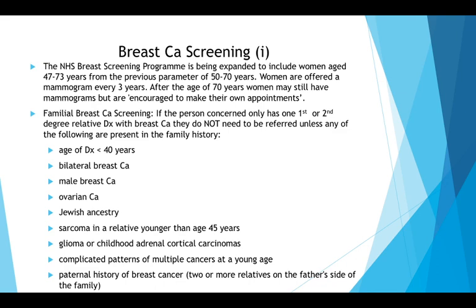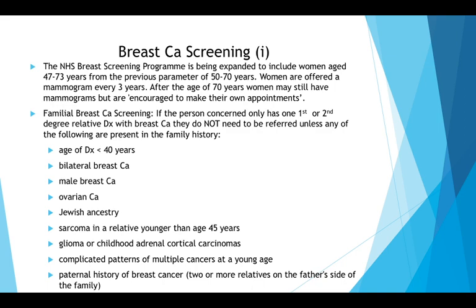Right, so now we're nearing the end of the presentation, so just to touch on screening. Screening used to be offered between the ages of 50 to 70, but now that's been extended 3 years either side of those cutoffs, so between the ages of 47 to 73, and mammograms are done 3 yearly.